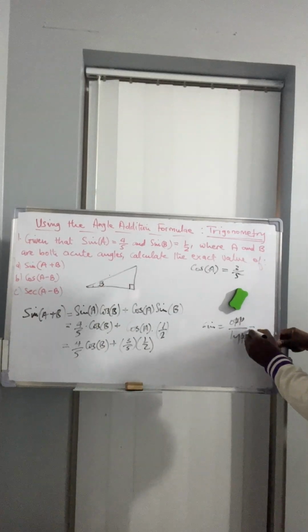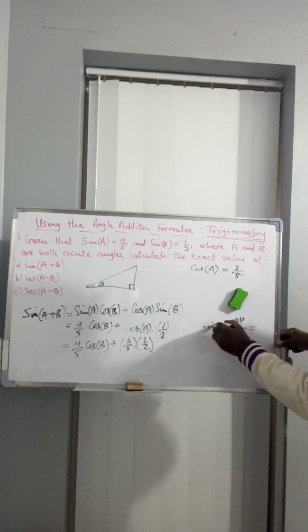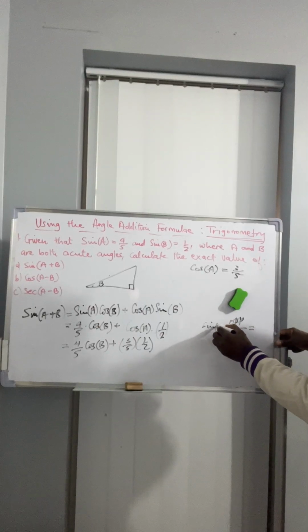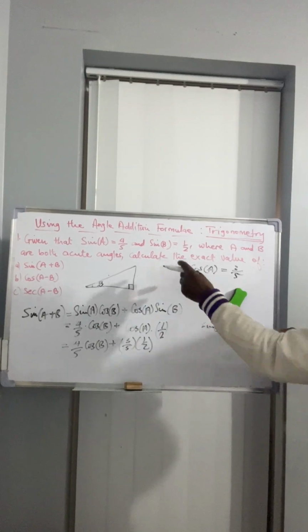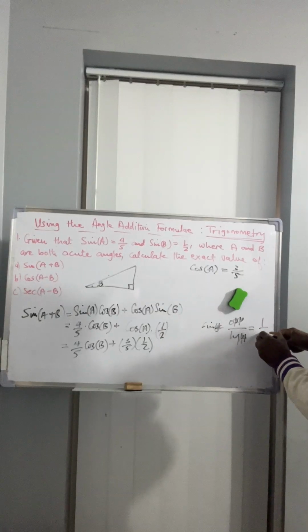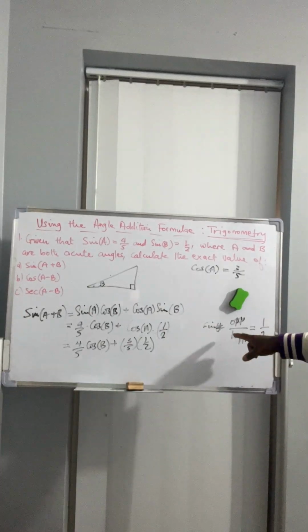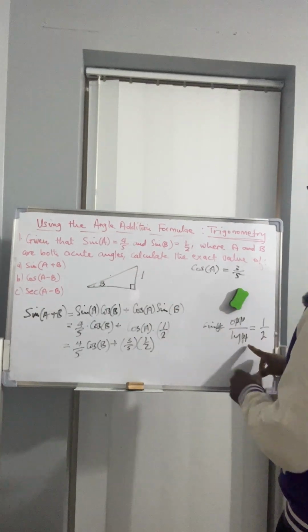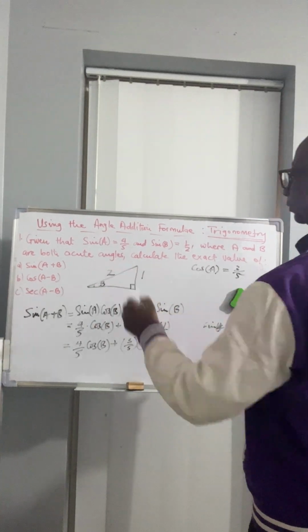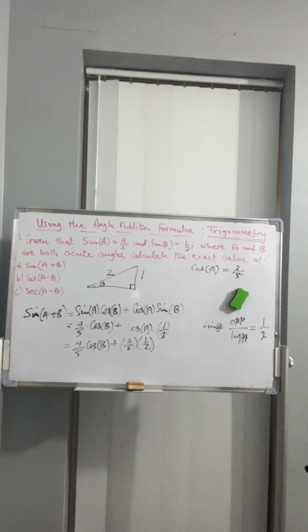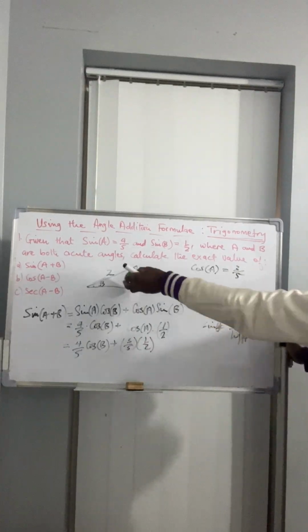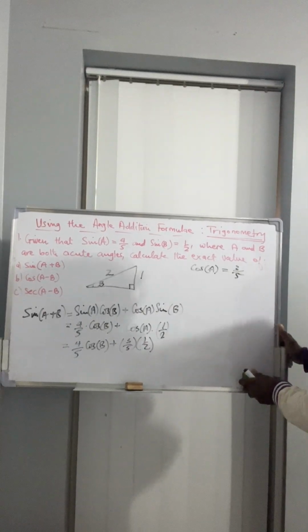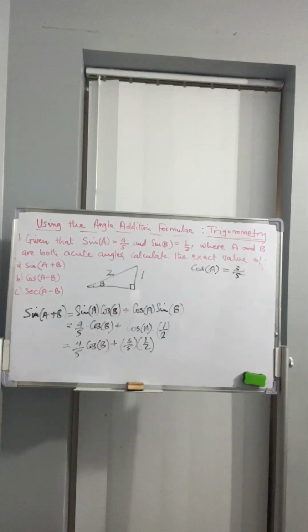And we are given that sine of B is 1 all over 2. So which means for sine B, the opposite side is 1, the hypotenuse side is 2. That's what this problem is saying. So now we know where 1 goes in and where 2 goes in this right angle triangle.